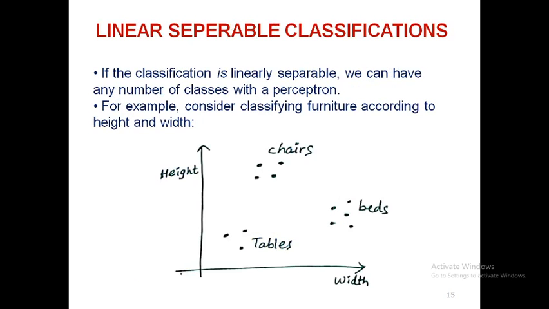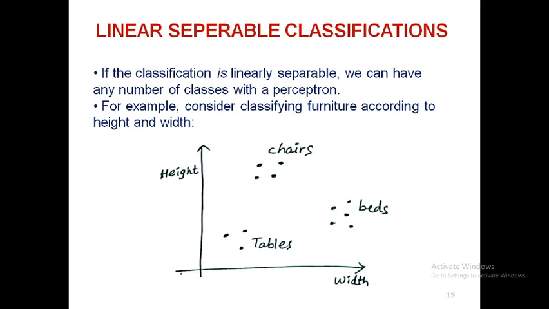So as a general example for more understanding, here I have taken this example of linearly separable classification. If the classification is linearly separable, we can have any number of classes with a perceptron.